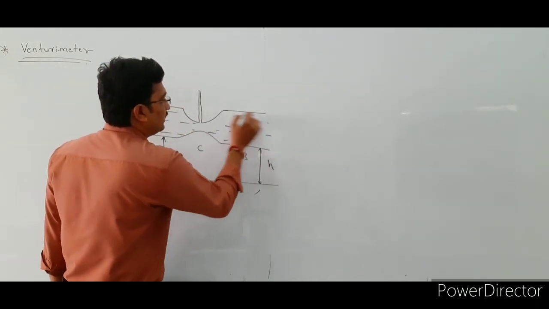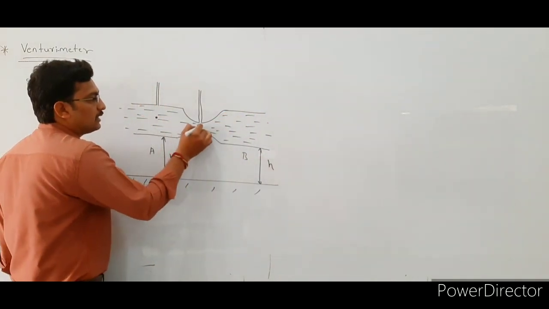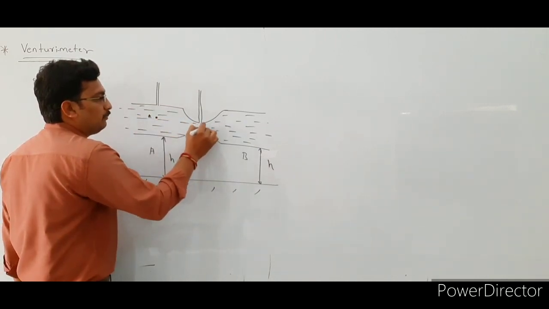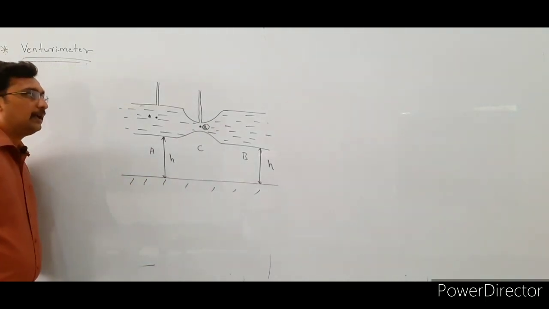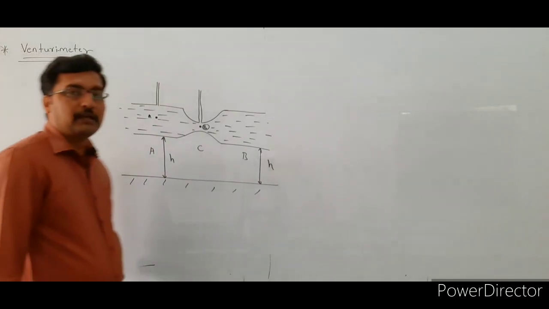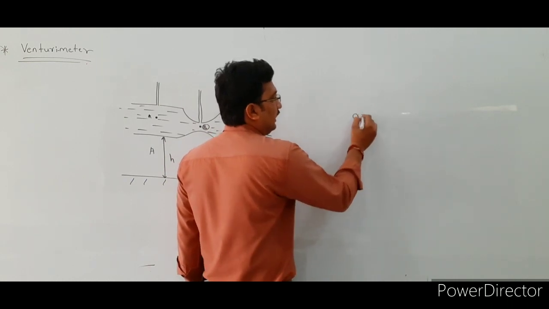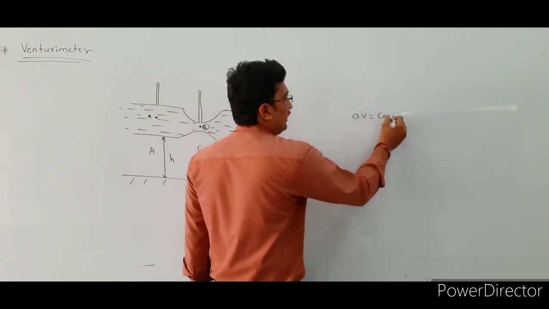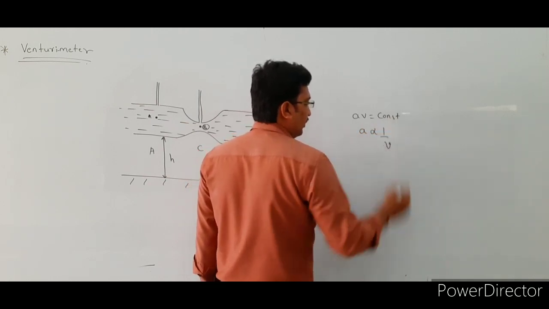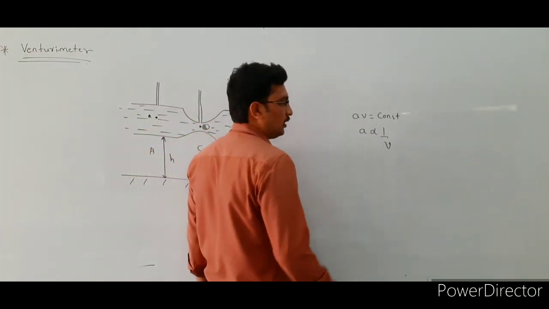Here we consider two points: the first point is A and the second point is B. Here we are going to apply Bernoulli's theorem at point A and at point B. Before that, we already know the equation of continuity, AV equals constant, so area is inversely proportional to speed.